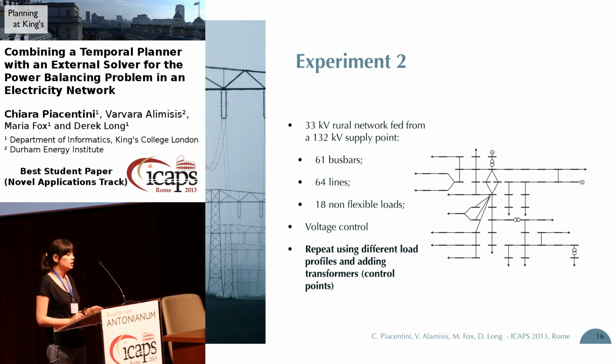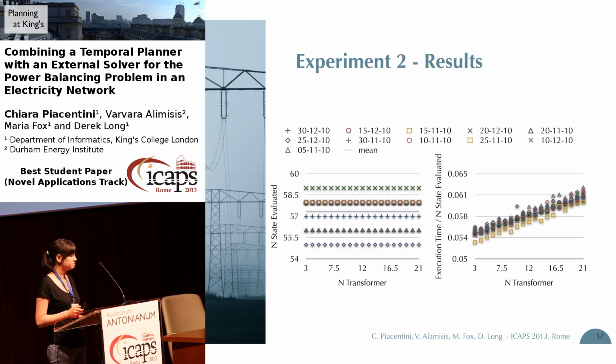So we need to turn up or turn down the tap of some transformers. Again, we use different load profiles, and we use networks with an increasing number of transformers. So we start from 3 until 24. And these are the results.